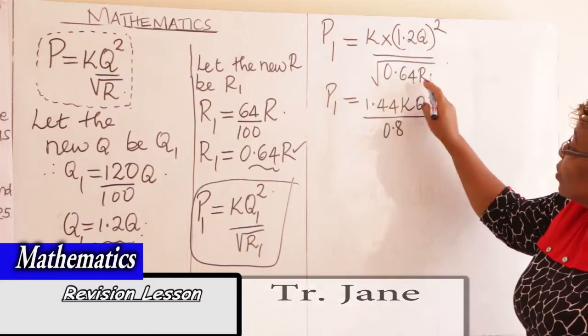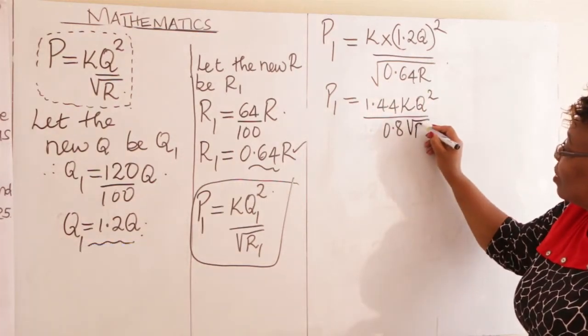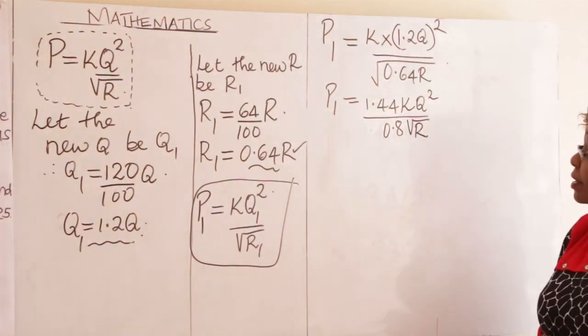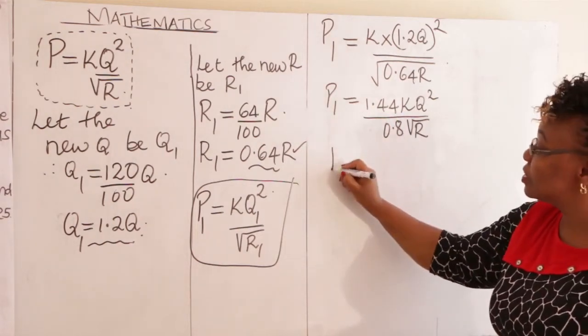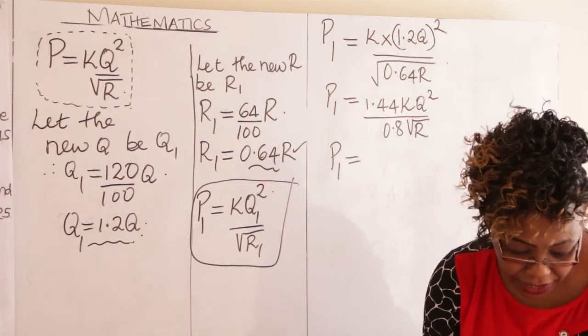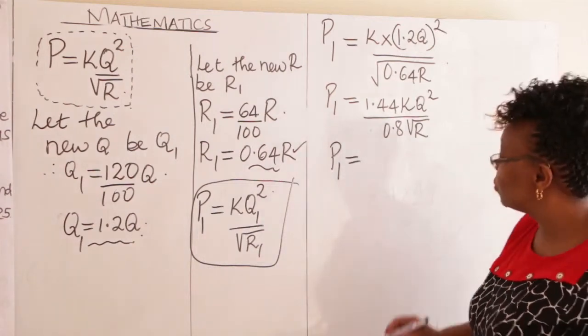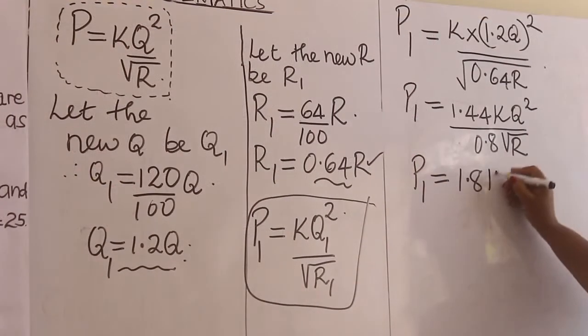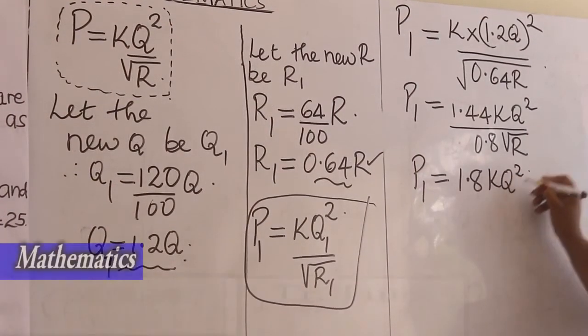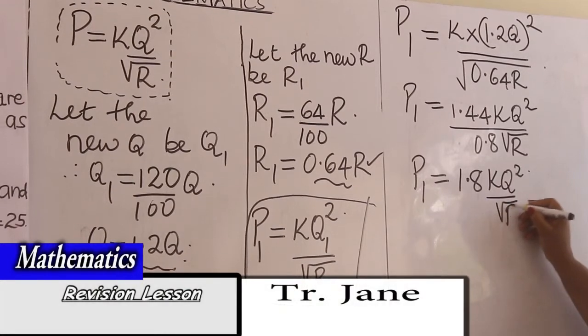And then you are left with the square root of R. So learn, 1.44 divided by 0.8 will give you what? Using a calculator, it should give you 1.8. And therefore it is 1.8 Q squared over the square root of R.